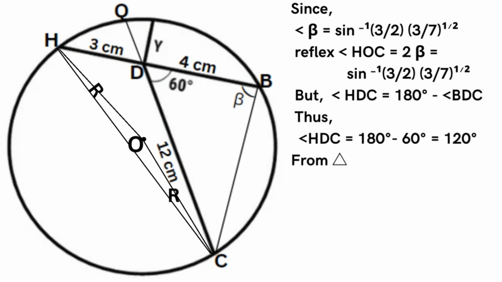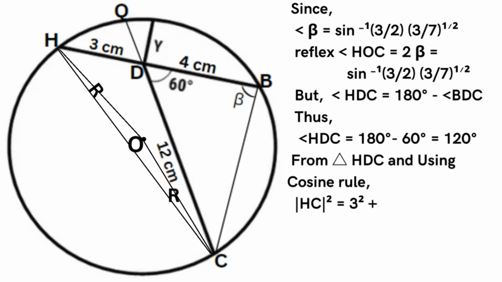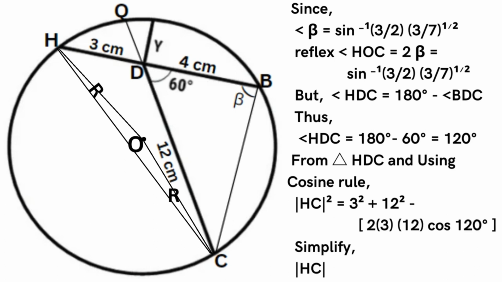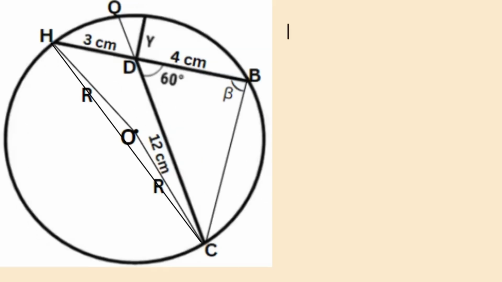But angle HDC equals angle BDC subtracted from 180 degrees, which is equal to 60 degrees. From triangle HDC and using cosine rule, we solve for the square of HC. Simplify to get that the square of HC equals 189.